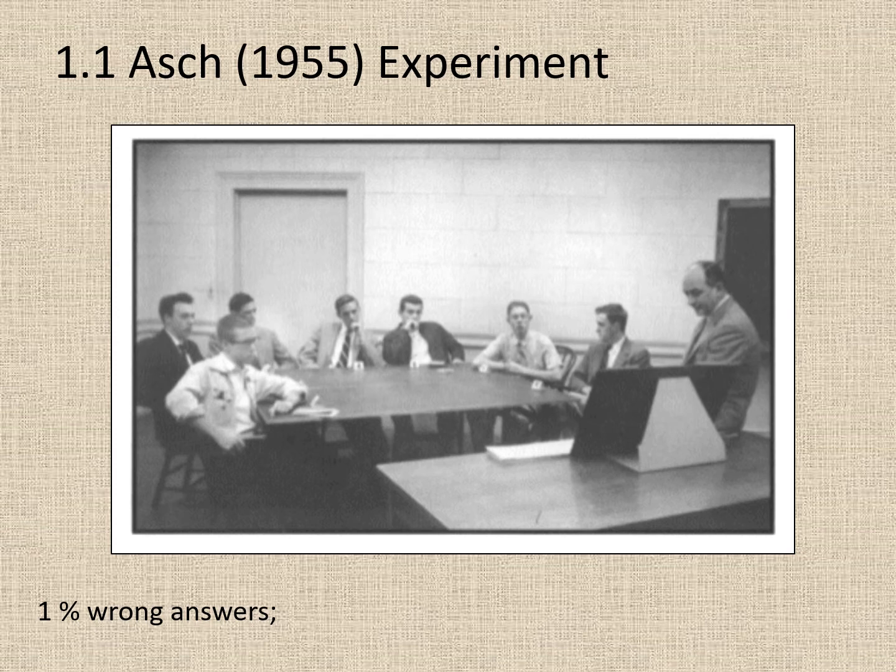Well, the percentage of wrong answers goes up from 1% to 37%. So in 37% of these cases, the real subjects tell the same wrong answer as 5 people before them have done. So, an example of conformity.